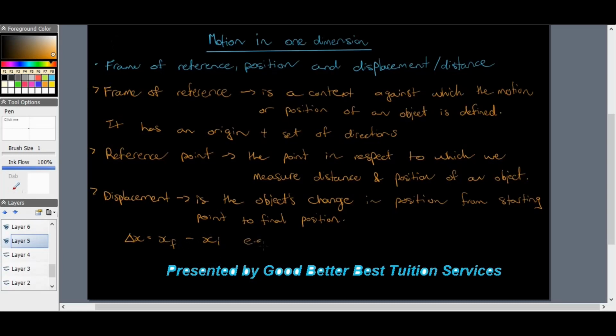For example, if I went 12 kilometers in this direction, and then 6 kilometers in the other direction, according to this formula delta x is my final position, 6, minus my initial, 12. My displacement ends up being -6 kilometers, but that negative indicates direction, meaning it's 6 kilometers in the opposite direction.